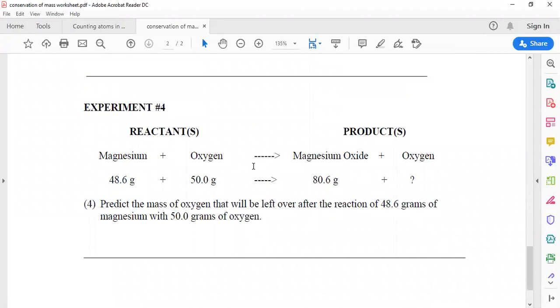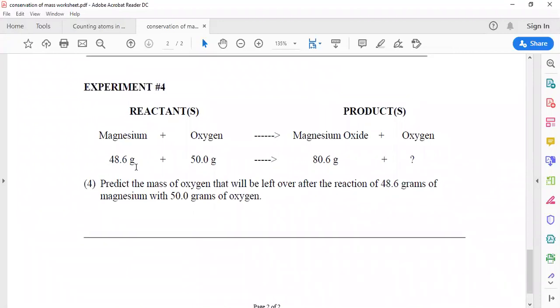And here's the last one. So we get 48.6 grams of magnesium, and we're going to add to it 50 grams of oxygen. Now when this reacted, it created 80.6 grams of magnesium oxide, but there's still some oxygen left. So the question is, how much oxygen is going to be left over?